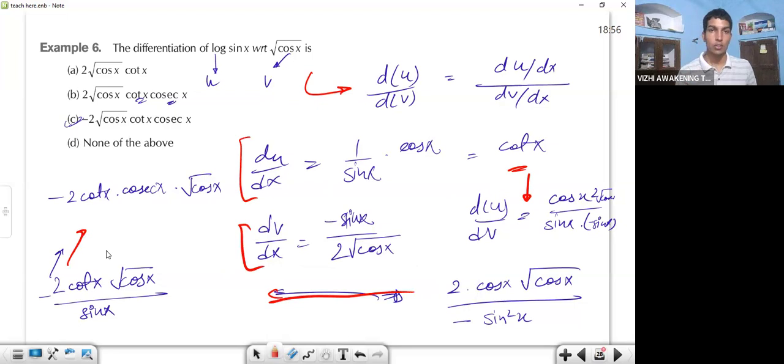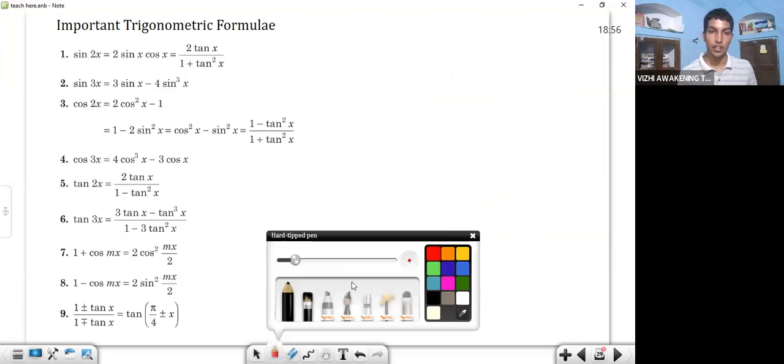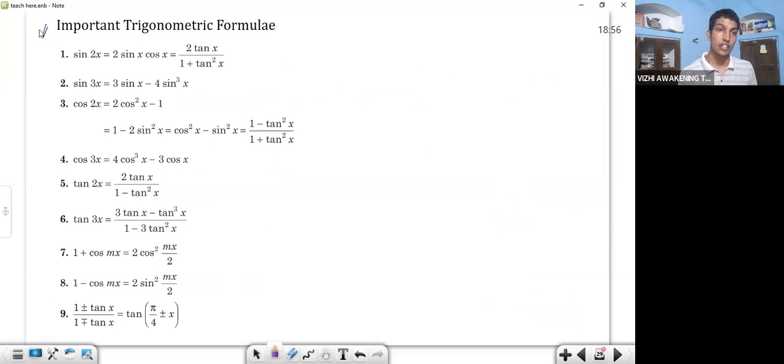Okay. So let's now discuss some important trigonometric formulas which you are all supposed to remember. These are very, very important. You have to mug them up, and the best trick to learn them is by writing and practicing these formulas. First make a set of 3 or 5 formulas and remember them.